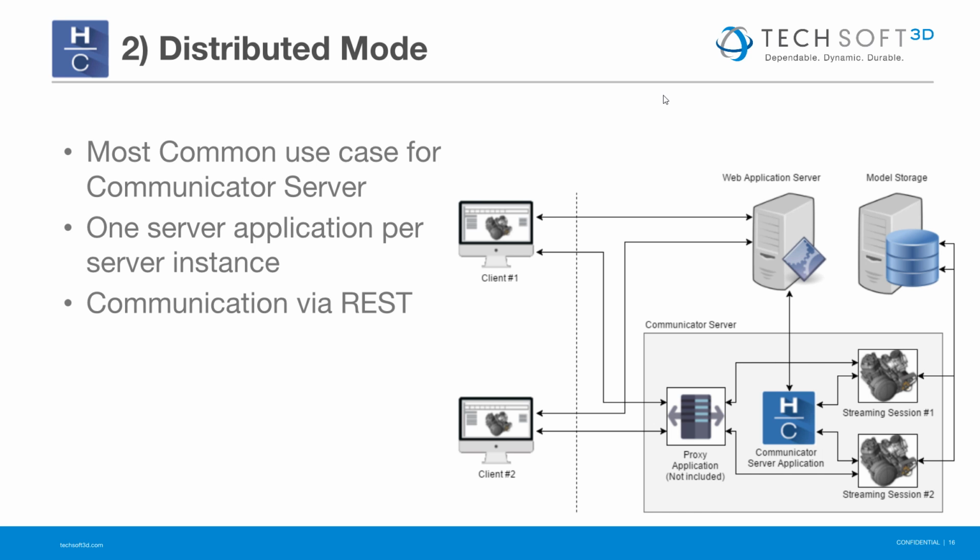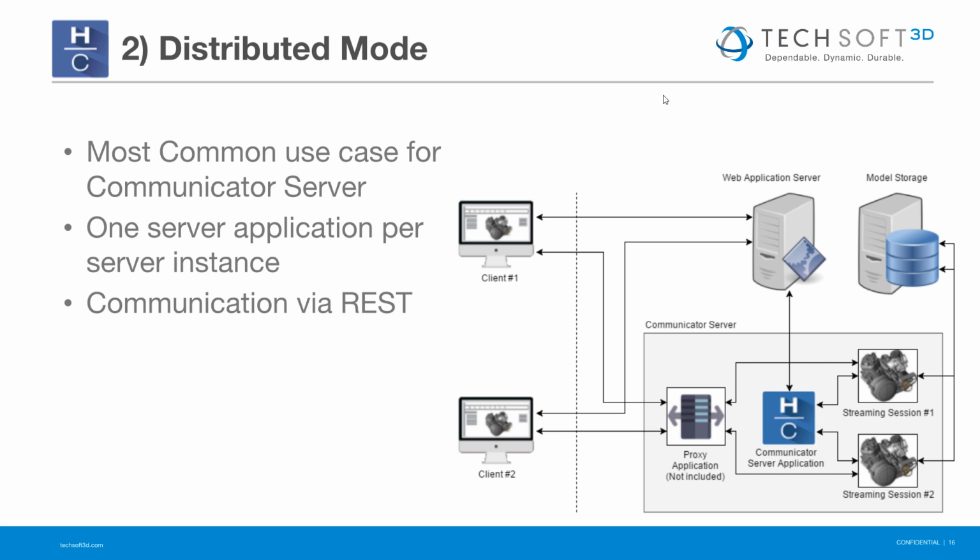So if we look at this diagram, what we're going to do is trace the workflow of a client connecting and trying to view a model. So the first step is client 1 is going to connect to our web application server. So this is running our Python application or Java application.